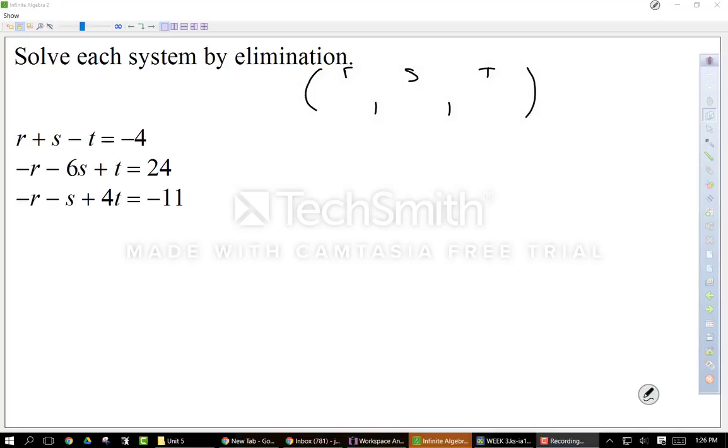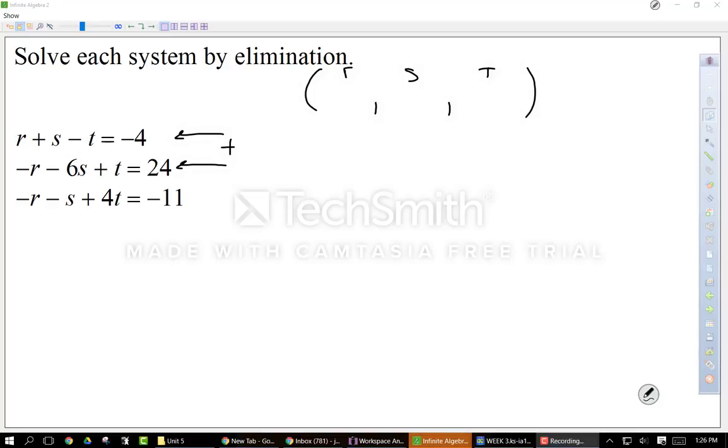So now, I want to have these 3 variables, and I want to start canceling them if I can. If I look at my R's, they look like they're pretty close to canceling right now. So I'm going to take the first one and the second one, and I'm going to add them together.